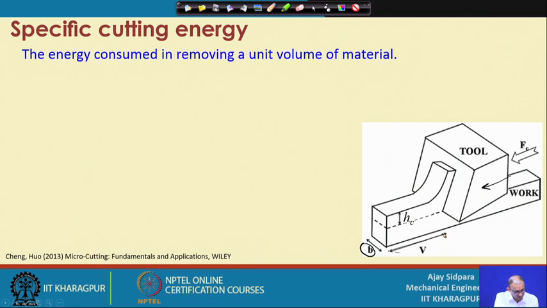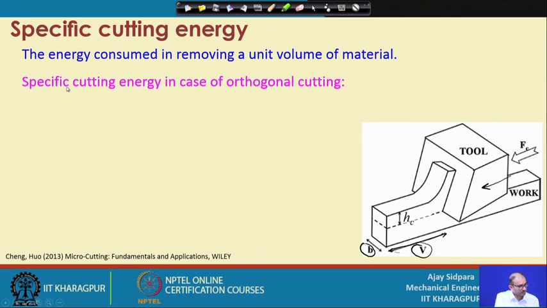So, you are moving in this direction, and let us consider V is the velocity. So, now this is the part. What is the equation for specific cutting energy in orthogonal cutting? That is the amount of power or energy required to remove a unit material, right.